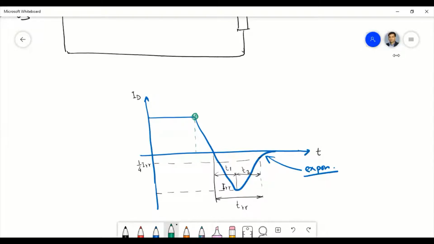Can you see the whiteboard? That is where we apply the reverse voltage. No, that is not the reverse bias condition for the device. I am asking what is the reverse bias condition of the device? At which point does the device actually become reverse biased?